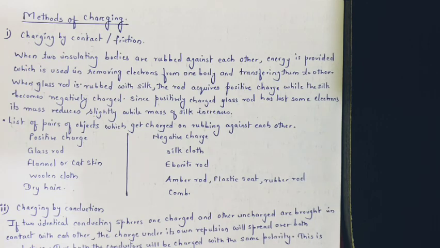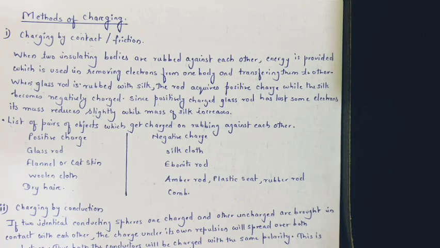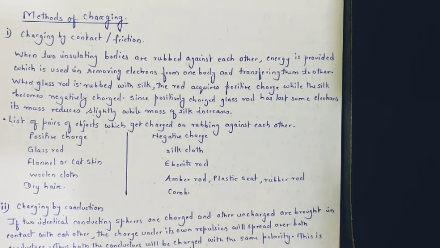We rubbed them against each other and one body got positively charged. The glass rod got positively charged and the silk cloth got negatively charged, because the electrons on the glass rod jumped onto the silk cloth, making it a negatively charged body. So this is nothing but charging by contact or friction.